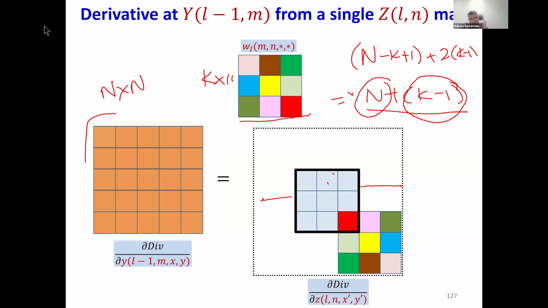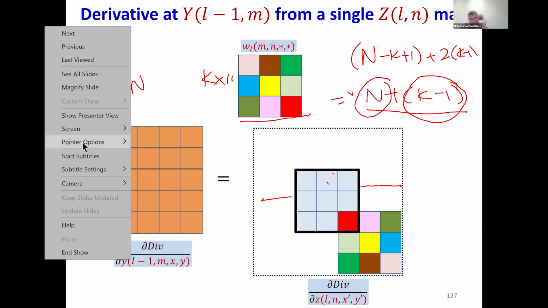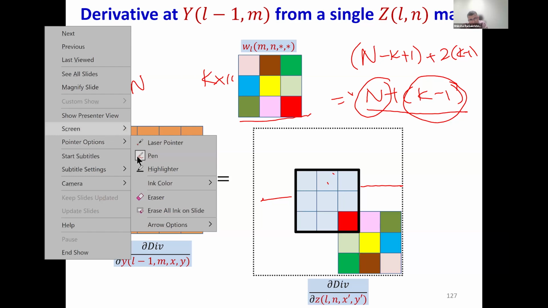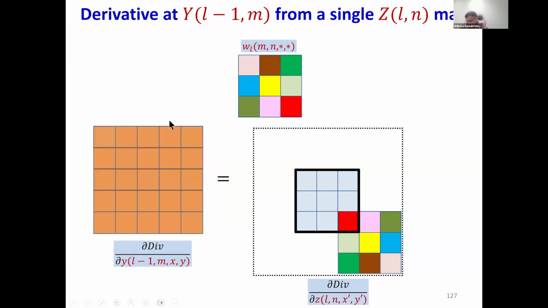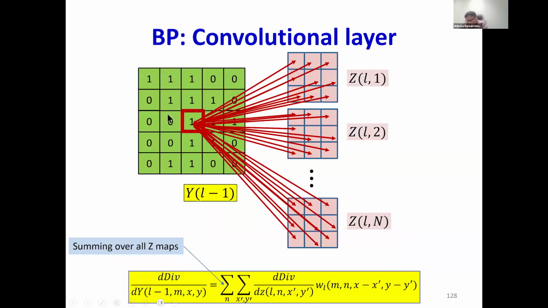But then again, remember that each element was involved in the computation of all of the filters, right? What I showed you was the contribution of just one of these filters to this derivative.